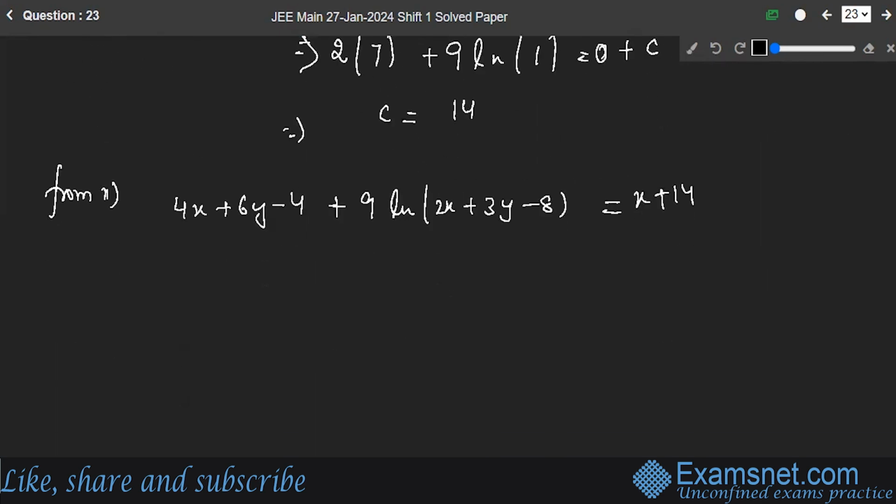Or this will be giving me 3x + 6y + 9 log |2x + 3y - 8| is equal to 18, right? Okay.